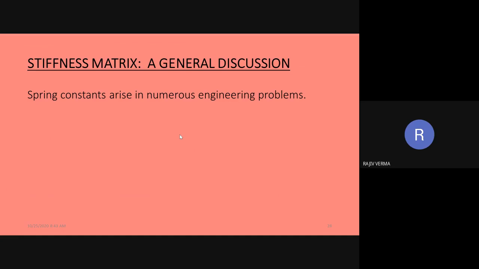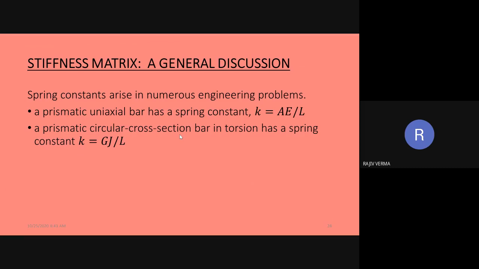If you just change your viewpoint, you can realize that this particular relationship exists in some other structural cases also, such as a prismatic uniaxial bar which has a spring constant given by AE/L, or a prismatic circular cross-section bar which is undergoing torsion.